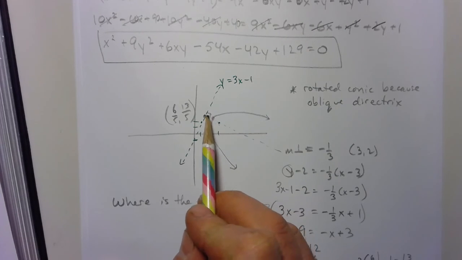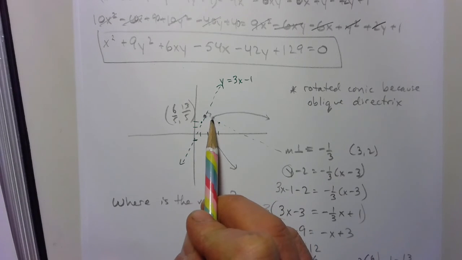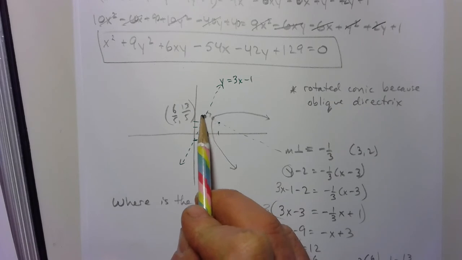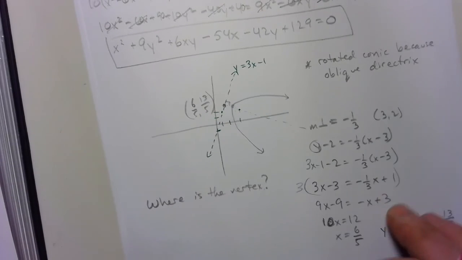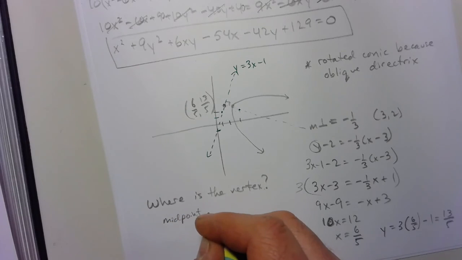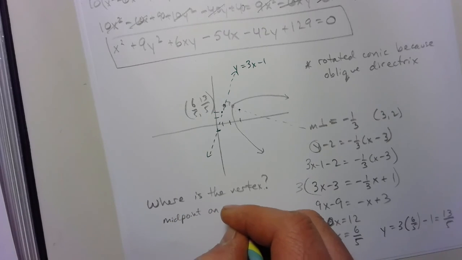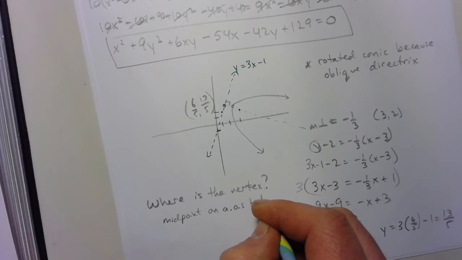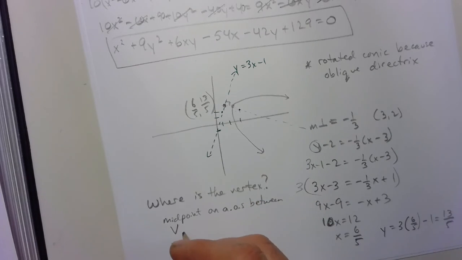And to find the vertex, well, it's on a line here. We know it's the midpoint on the axis of symmetry between the vertex and that new point.